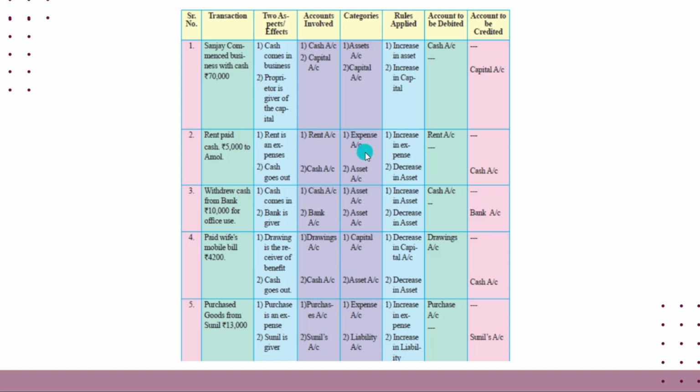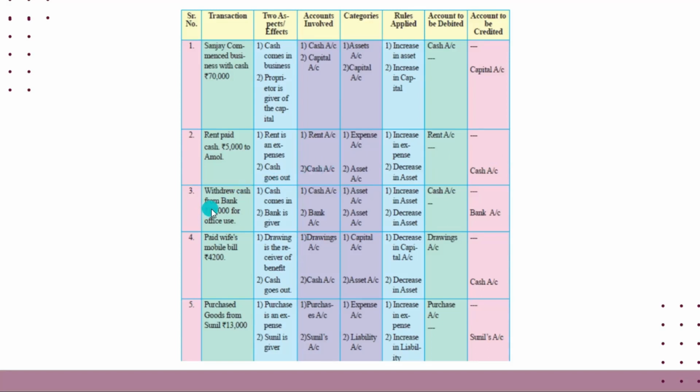Increase in expenses is debited and decrease is credited. So here there has been an increase, so rent will go to the debit side. And the rules for assets were increase in asset is debited and decrease in asset is credited. Now here cash goes out from the business, means your cash will get reduced, so it will go to the credit side, so cash account will be here.